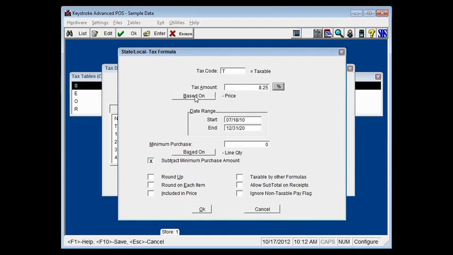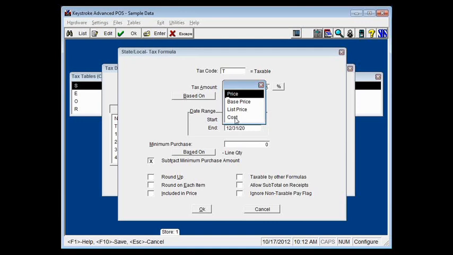There are various circumstances, though, where your tax might be based on something else. Rather than the price you sell it for, it could be taxed based on the base price, on the list price, or the cost. Where I've seen this used is, say, based on cost.